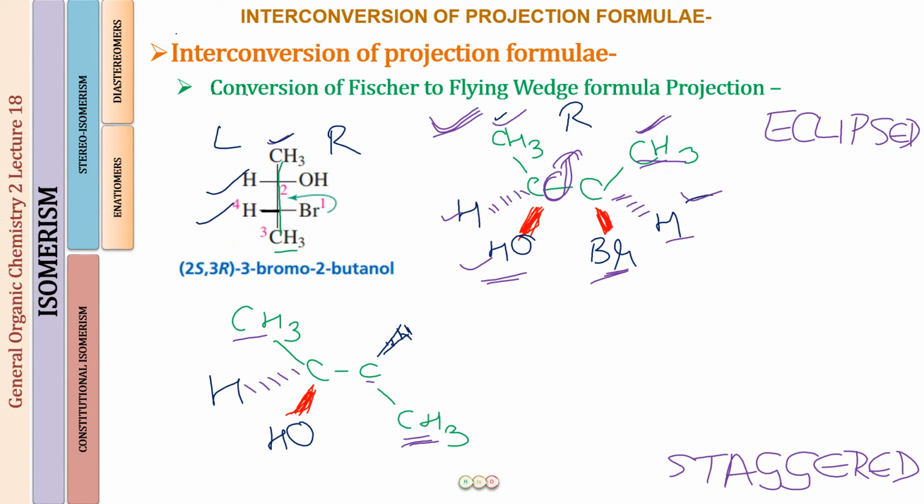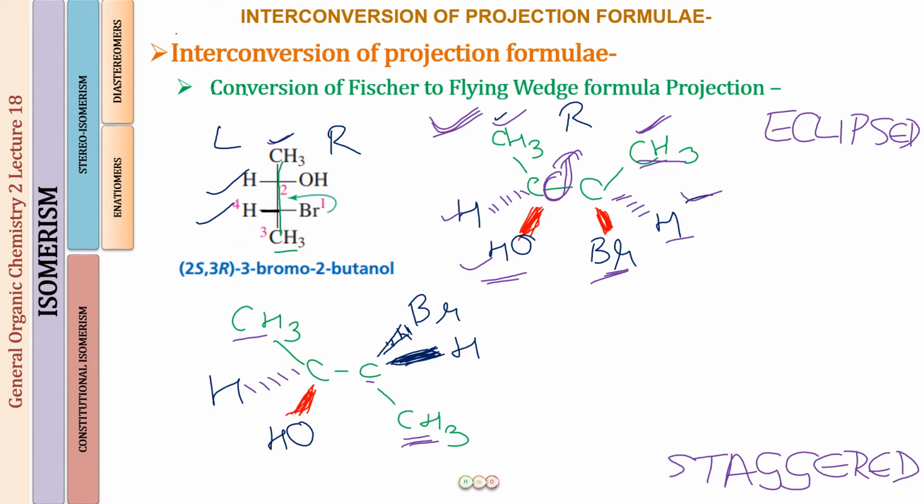And where will I draw my wedge? I will draw it diagonally opposite to the dash, this way. So this is how the representation becomes complete. Here I will put a bromine, and here I will put a hydrogen. So this is how it gets complete.